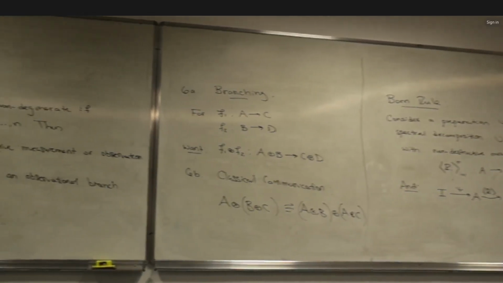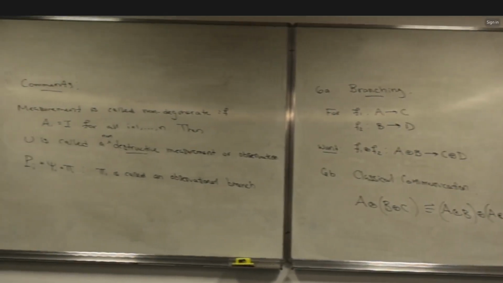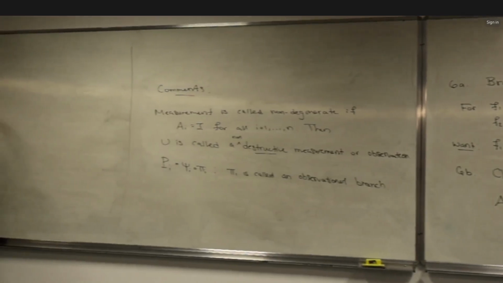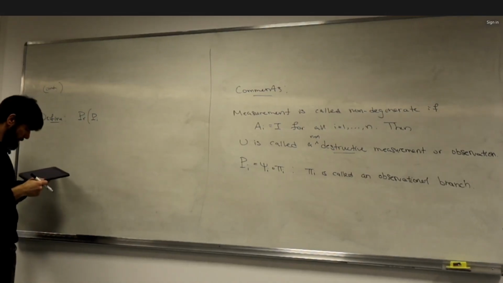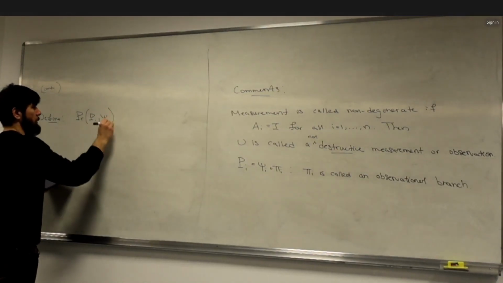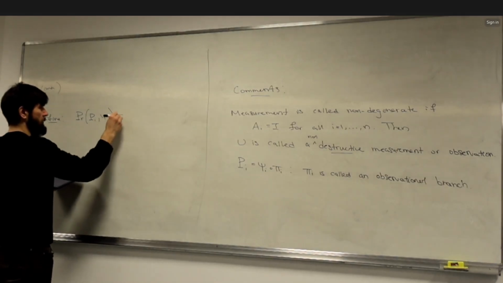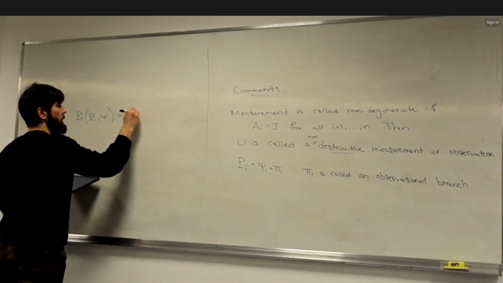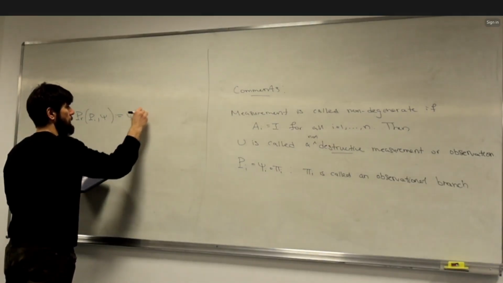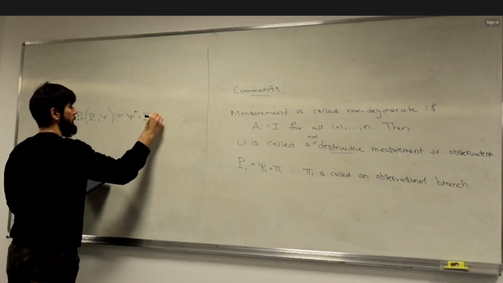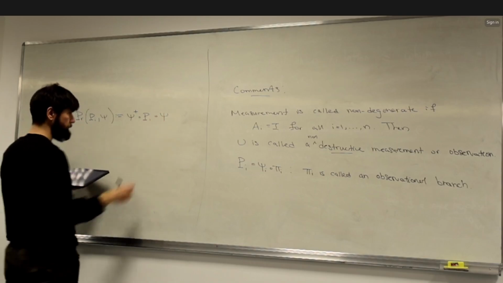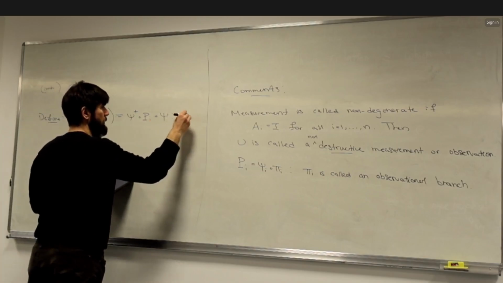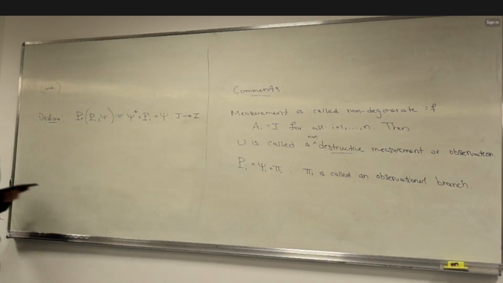And that is the following rule. PR, and it will be given by psi dagger P I pi. Oh, sorry, no. And this is a map from I to I right here.